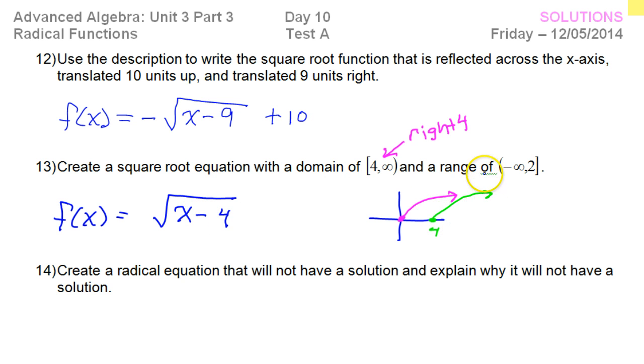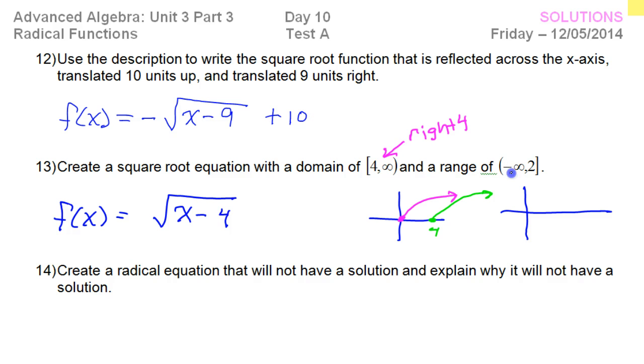Now, how about that range? What's going on with the range? So for the range to be negative infinity to 2, alright, so 2 things have to happen. So, this was not the actual graph. I was just focusing on the 4 to infinity part. This won't be the actual graph either, but I'm just going to focus on the range here.